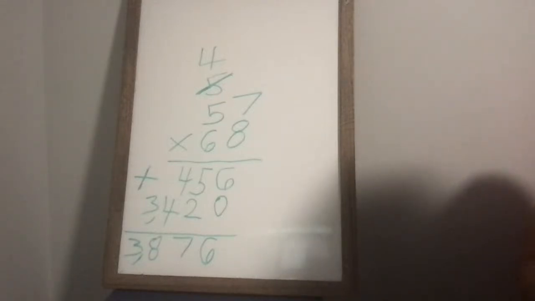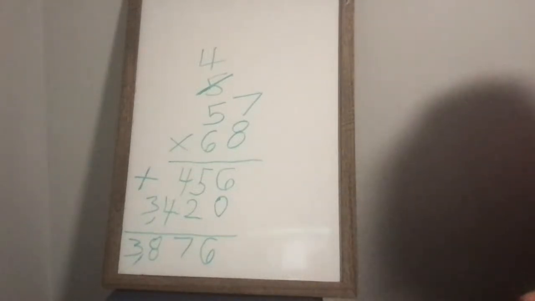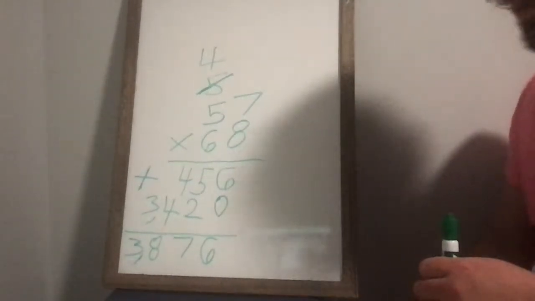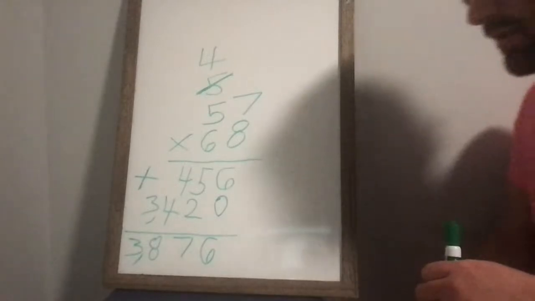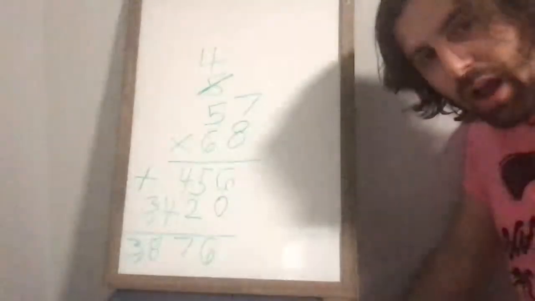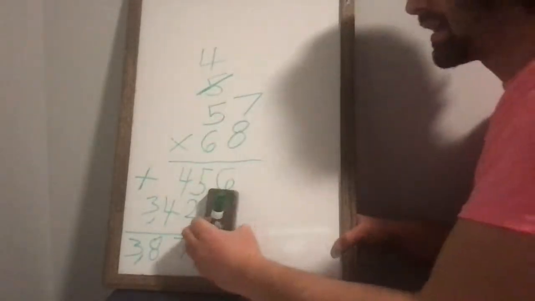All right, and now I'm going to do another one. So again, 57 times 68 equals 3,876. All right. Now I'm going to do one more, and then we're going to call it a day.